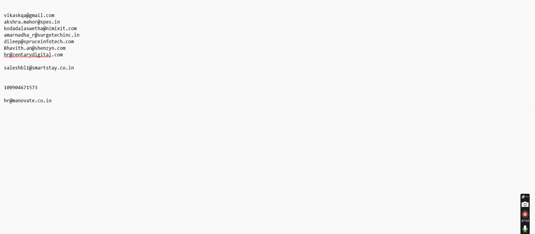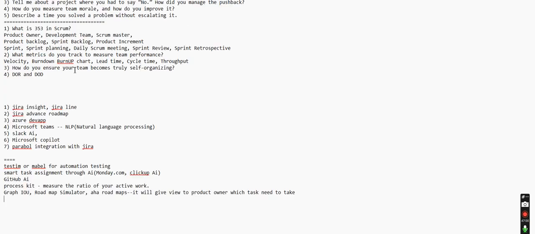Then we have to come up with ideas on how we need to do it. Jira already has Jira Align, and Jira Advanced Roadmaps is also available. Microsoft Teams is using NLP, natural language processing, where we write our prompt and work based on that. I already mentioned Slack AI, and Microsoft Copilot is also there nowadays.